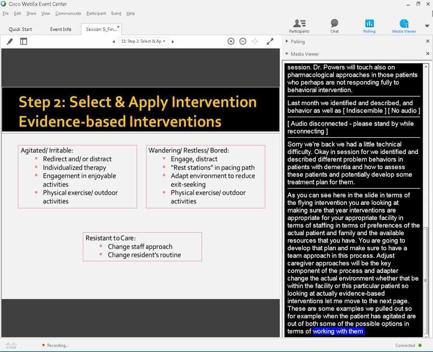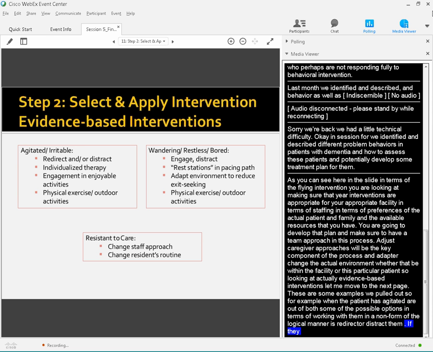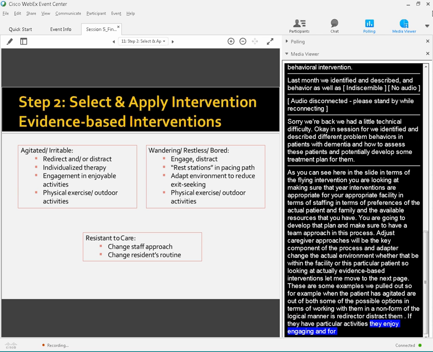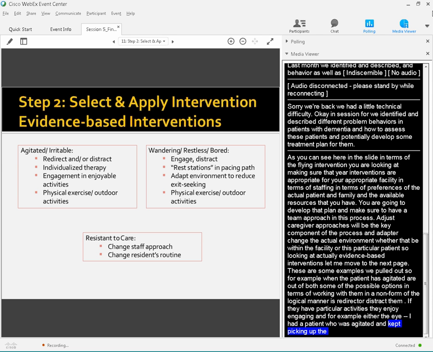If they have particular activities that they enjoy engaging in, for example, I know that I've had a patient who I noticed was very agitated and would be picking up the covers or their clothing, and we actually had the nursing staff provide them with a stack of washcloths that they would actually fold and unfold. And even that simple, tactile process redirected their agitation.